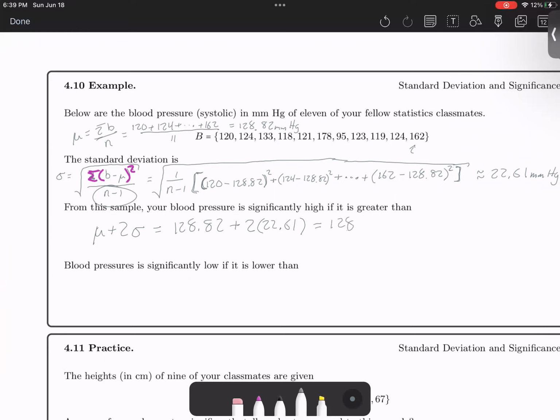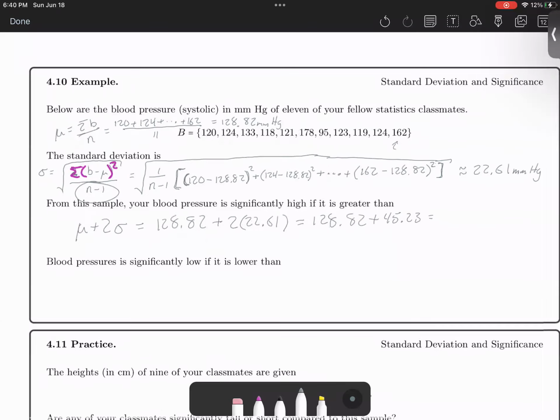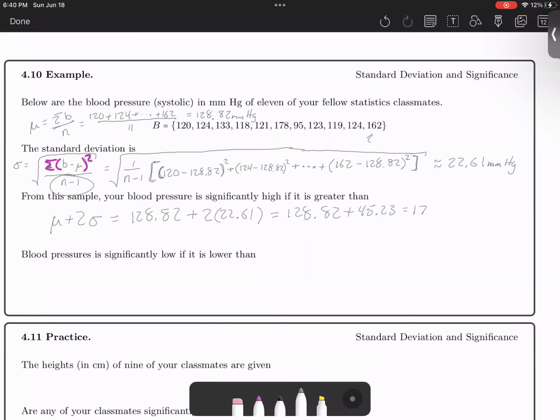That is going to be 128.82 plus 45.23, which gives us 174.05 millimeters of mercury.